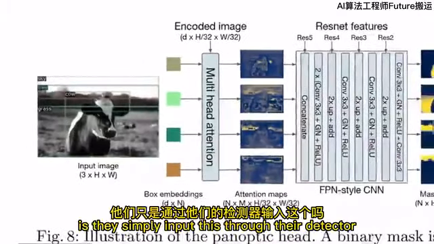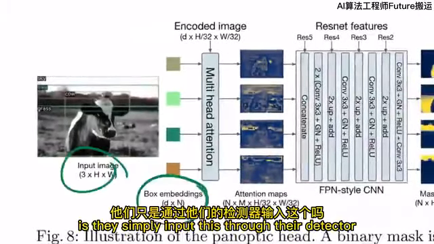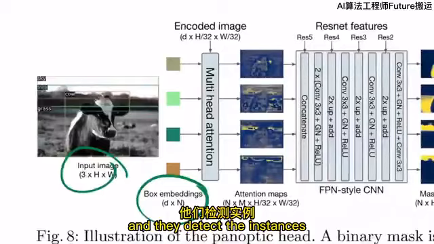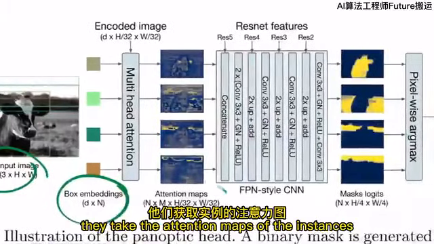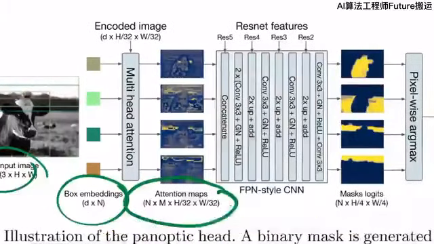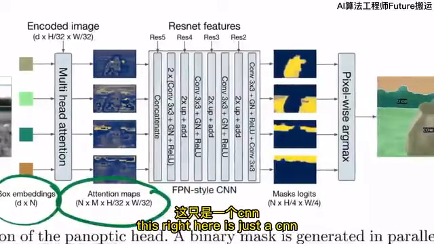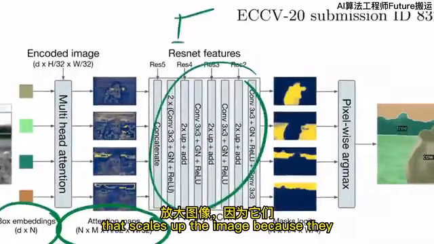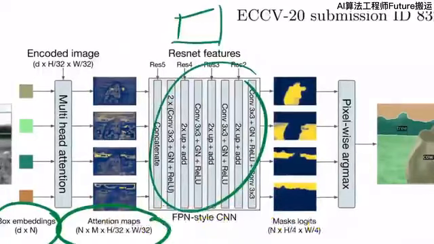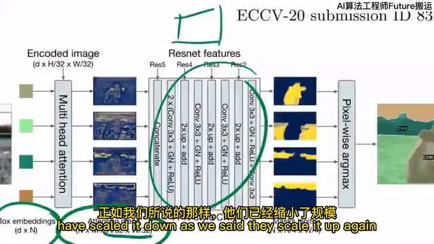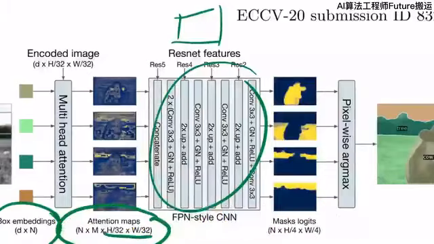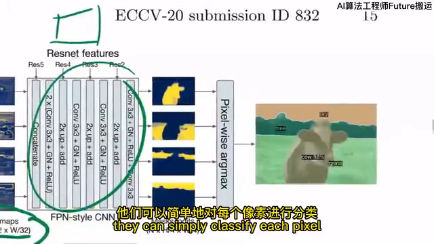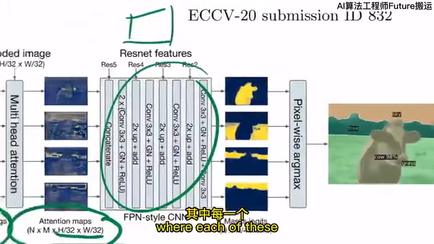So what they do is they simply input this through their detector, and they detect the instances. They take the attention maps of the instances, and then they scale it up. This right here is just a CNN sort of in reverse that scales up the image because they have scaled it down. As we said, they scale it up again, and then they can simply classify each pixel.